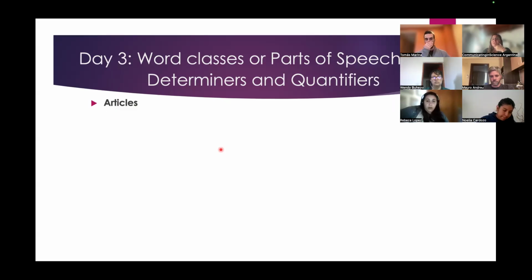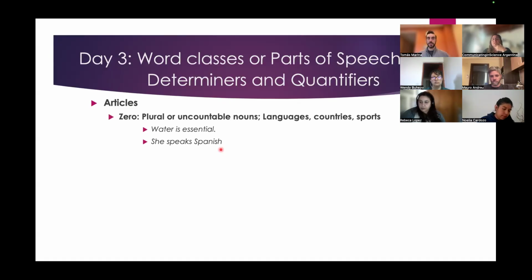So we have articles such as, well, in this case, the zero article, which is when there is nothing in front of the noun. And we use this for languages, countries, sports, general substances like water. She speaks Spanish. We don't say she speaks a Spanish. There is no need to add anything in the middle.